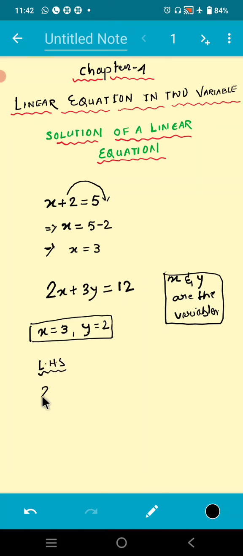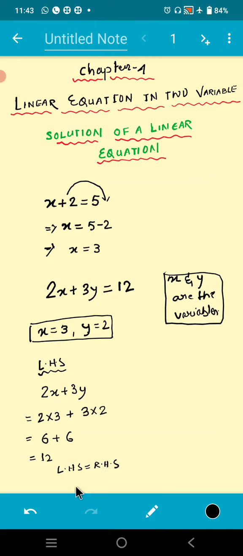In LHS we have 2x plus 3y. In place of x we'll put 3, and in place of y we will put 2. This would be 6, and this would also be 6, and this would be equal to 12, isn't it? So the answer is matching with the RHS. So LHS is equal to RHS.